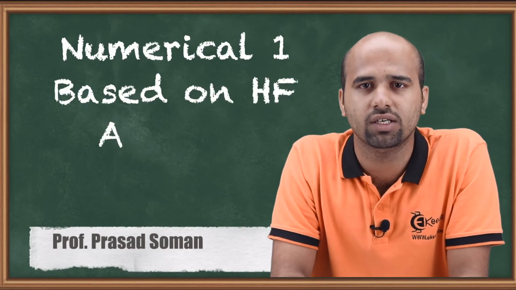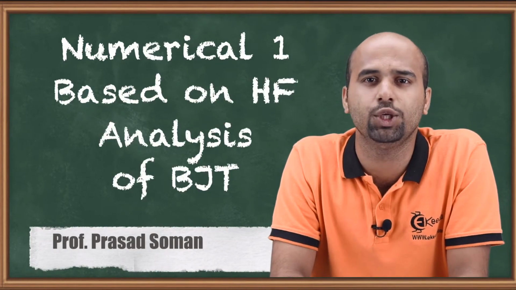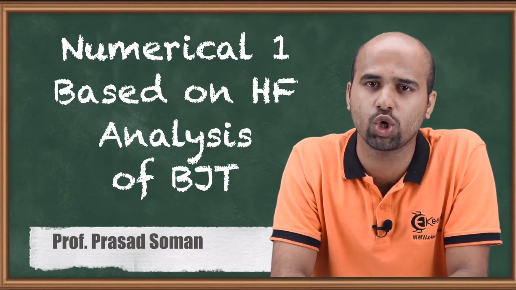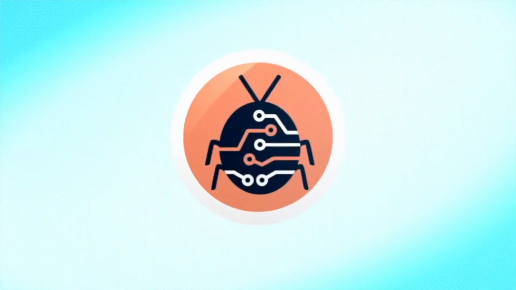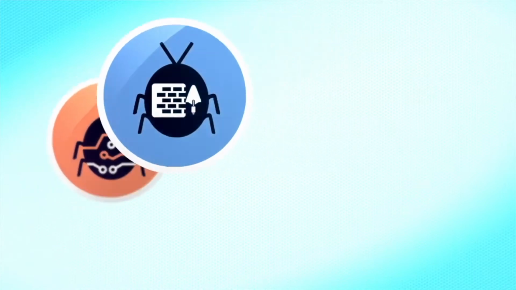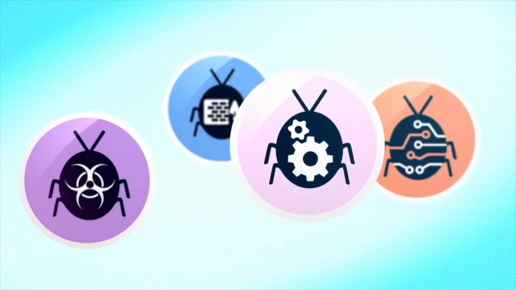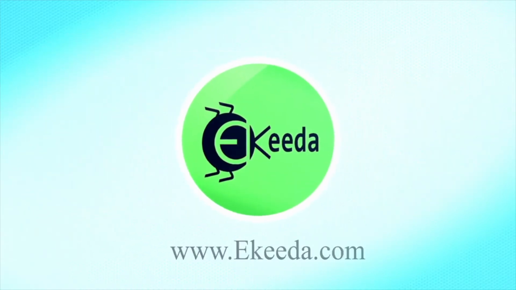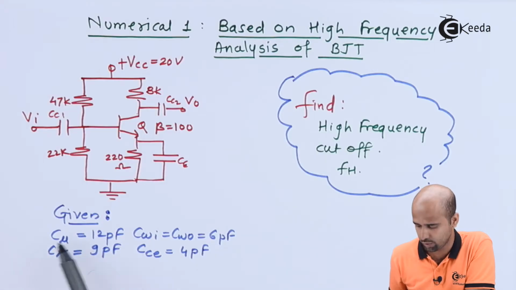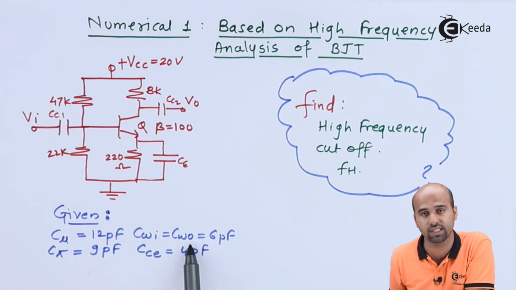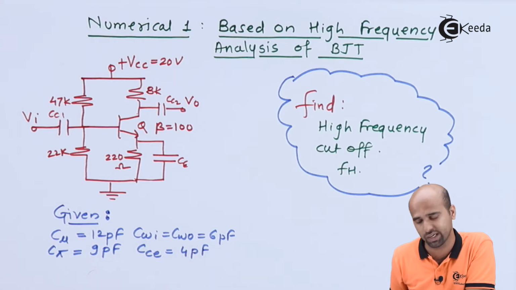Hello friends, here we will learn numerical number 1, which is based on high frequency analysis of BJT. In the given parameters, we have all the capacitances Cμ, Cπ, CCE, CWI and CWO in the picofarad range.